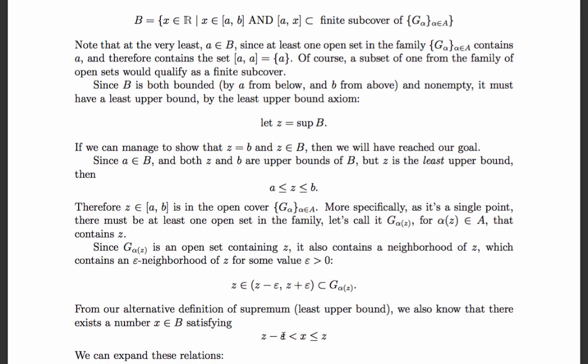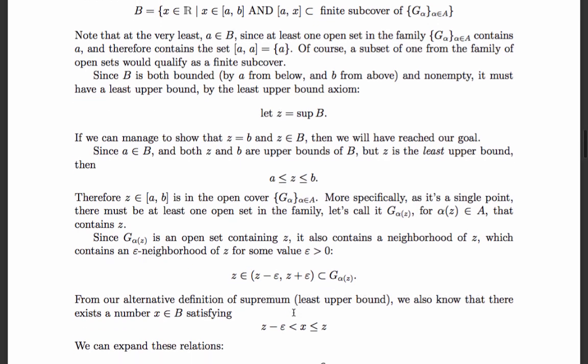Otherwise, Z minus epsilon would be a lesser upper bound. So there's some x greater than it, and that x is in B, which means it's of course less than or equal to my supremum. So Z minus epsilon is less than x, which is less than or equal to Z, and x is in B.